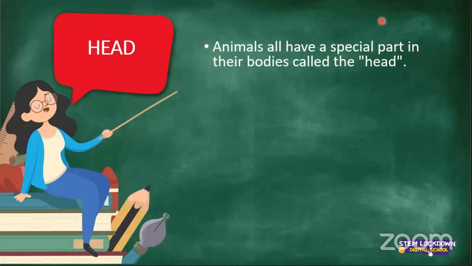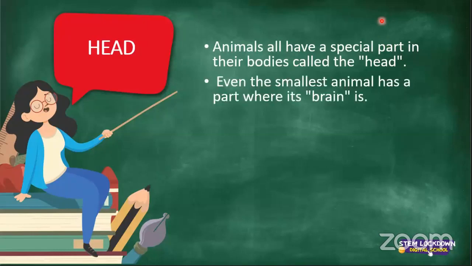Okay. Animals all have a special part in their bodies called their head. I know all of you know that. And even the smallest animal has a part where its brain is. Now, again, when I prepared for this lesson, I went to look at all different pictures of the brains of animals and I compared them to humans. Again, I want to encourage you guys to go Google.